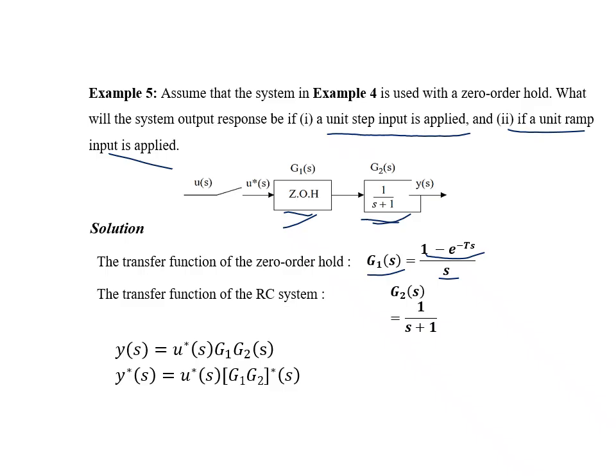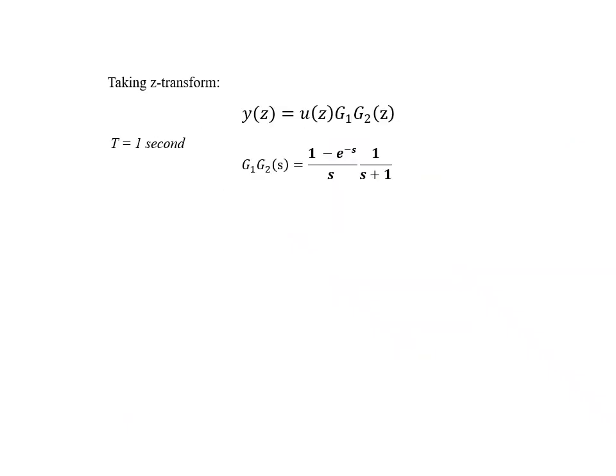And for the RC circuit, G2 equals 1 over s plus 1. We have Y equals G1 U sampled times G1 G2. We need to get the sampling of this function. Y sampled equals U sampled times G1 G2 sampled of s. Then we have Y of z equals U of z times G1 G2 of z.